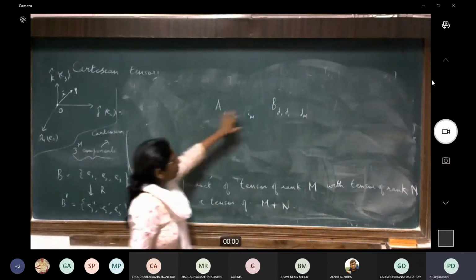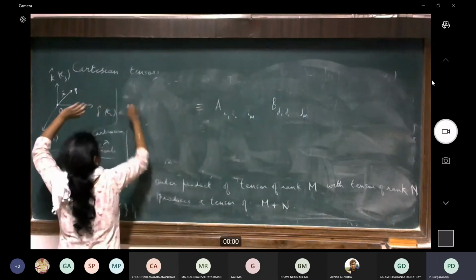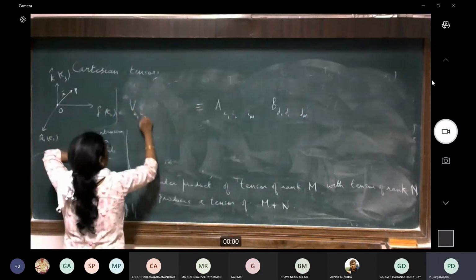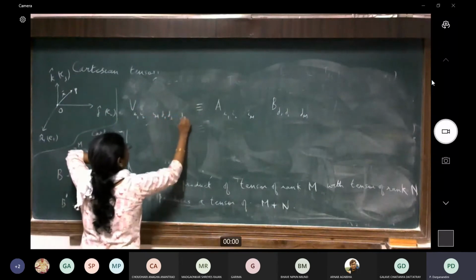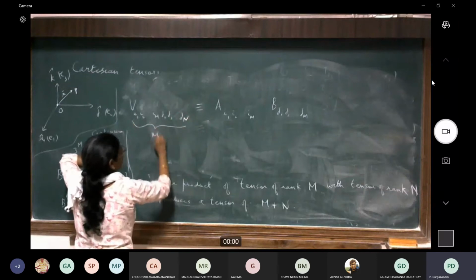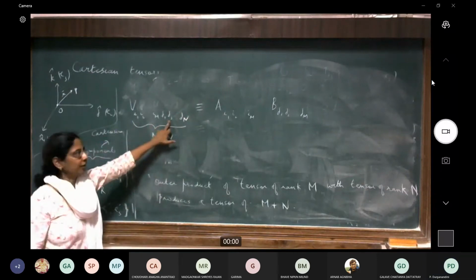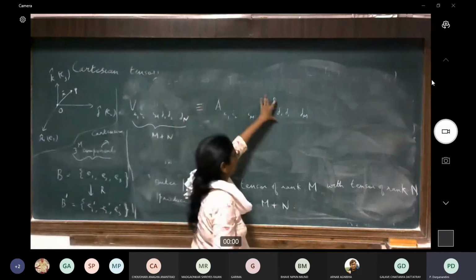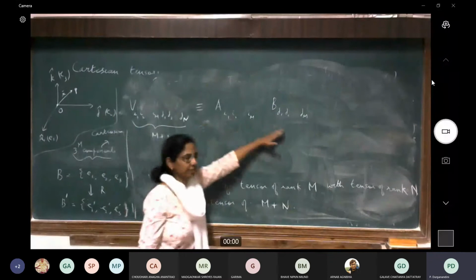So I multiply this with this and I construct here now C, which is I1, I2, Im, J1, J2, up to Jn. So now you can see that this is going to have M plus N labels or M plus N subscripts. This has M, this has N. So there are 3 to the power of M plus N components constructed in this fashion.